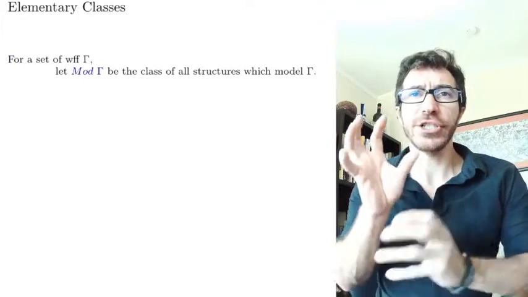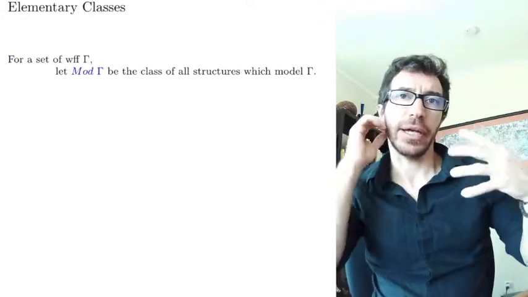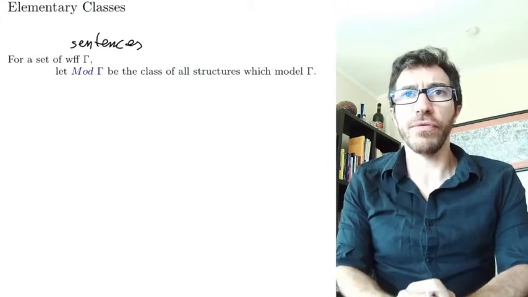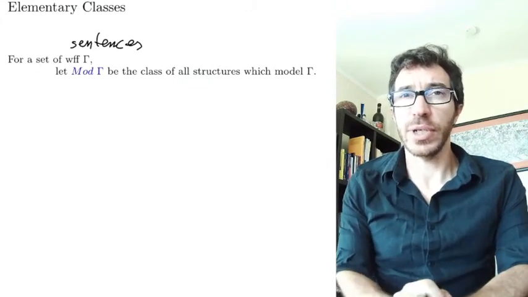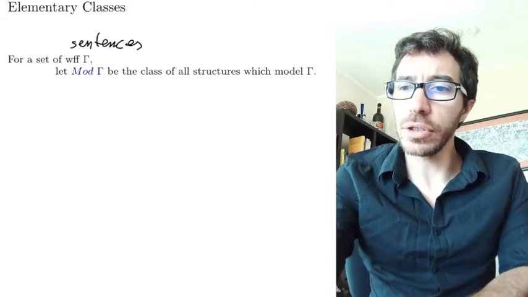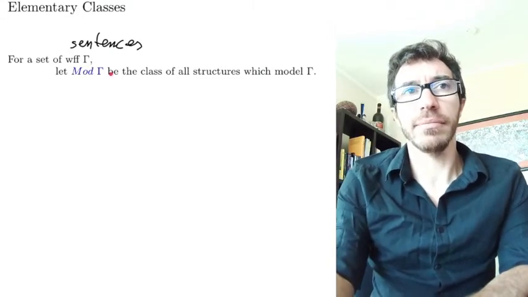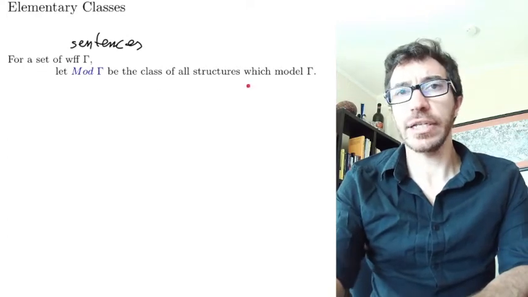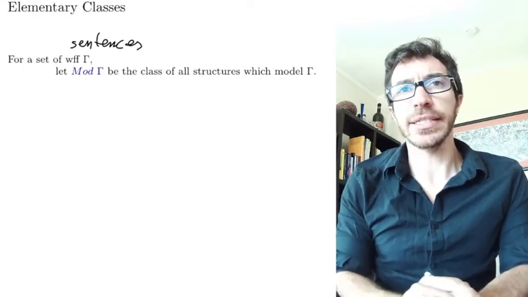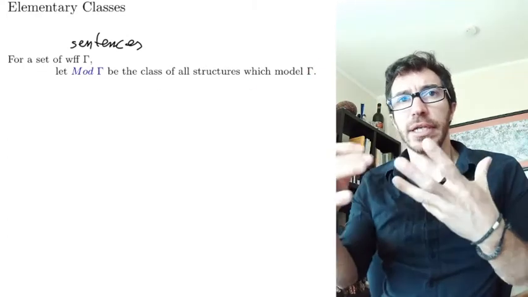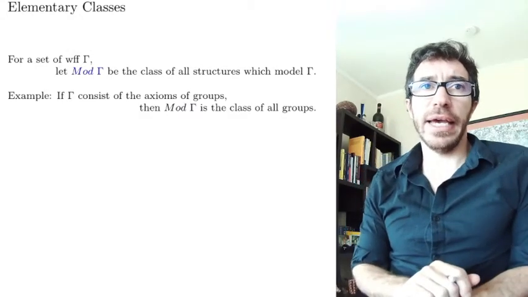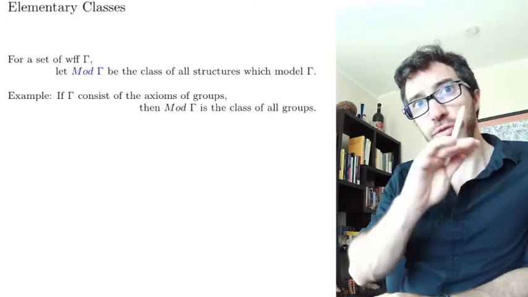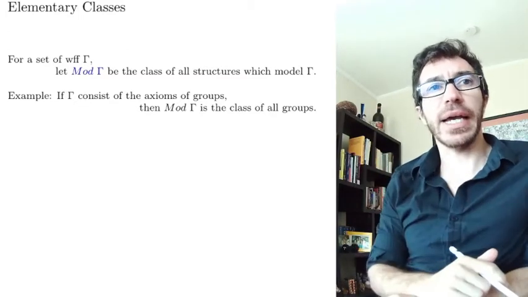So let's make a general definition that encapsulates all these examples. If you're given a set of well-formed formulas, which are actually sentences, gamma, we call Mod gamma, Mod for models, the class of all structures which satisfy all the sentences in gamma. Okay, so for instance, if gamma is the axioms for groups, do you remember those three first order sentences?